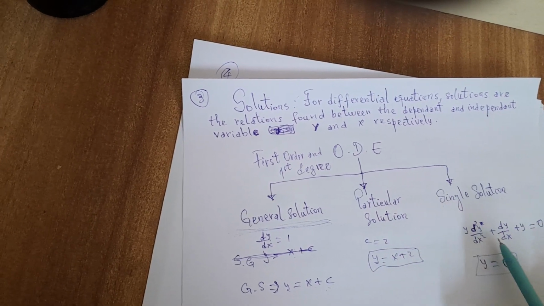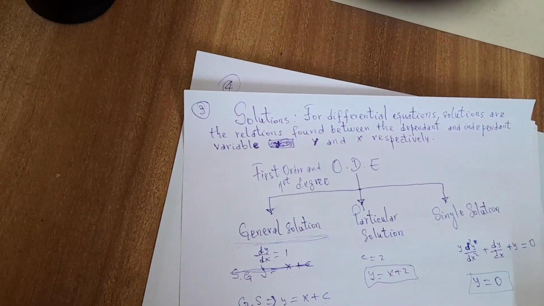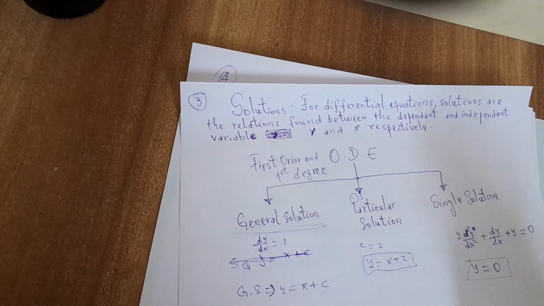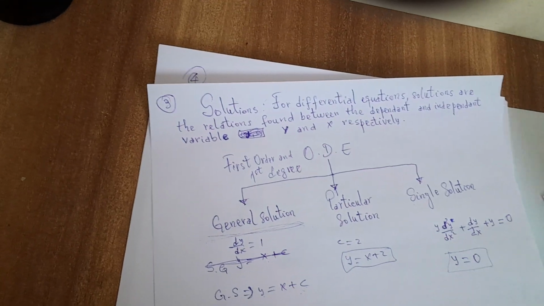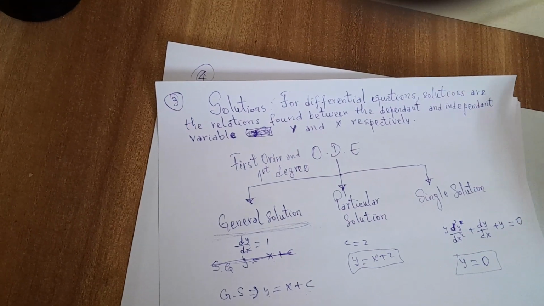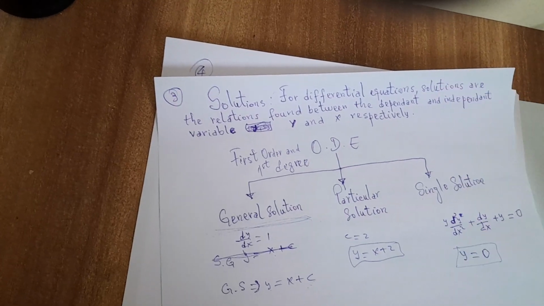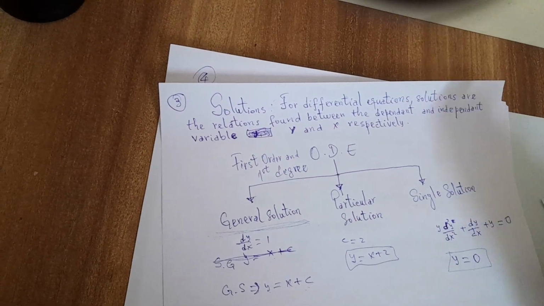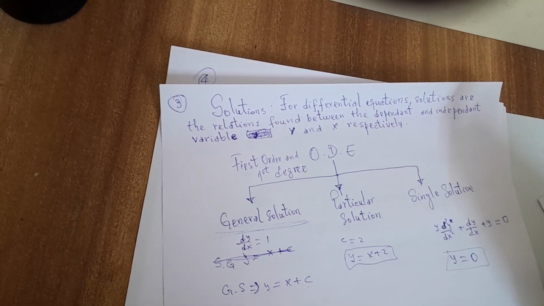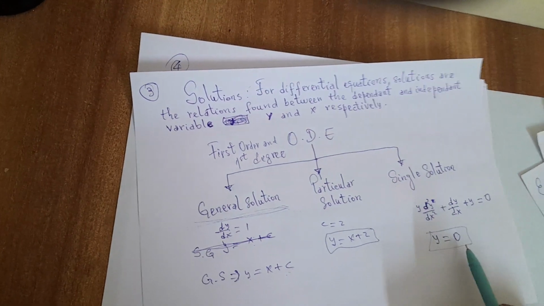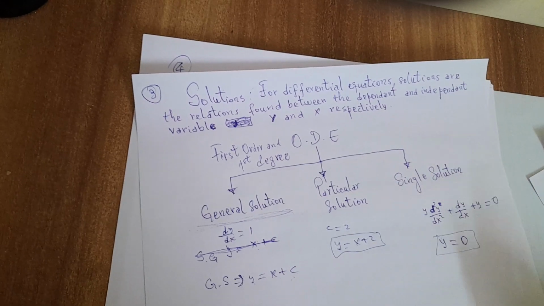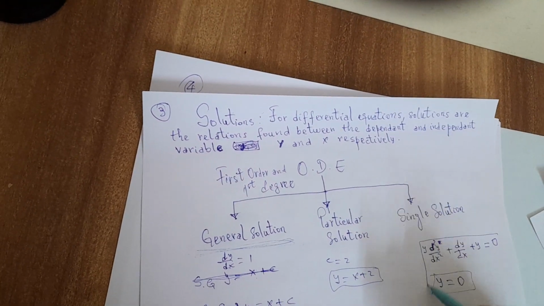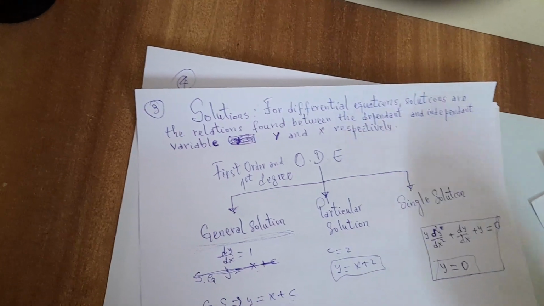It is a solution that you can find by inspection, without applying any method, or sometimes it is just given. So this is what we call a single solution.